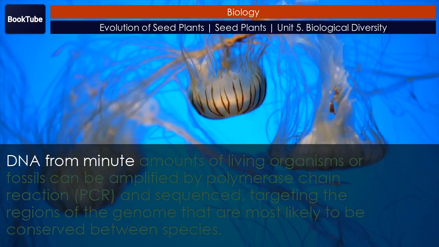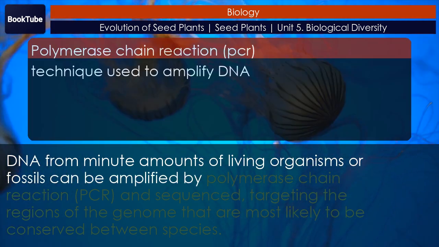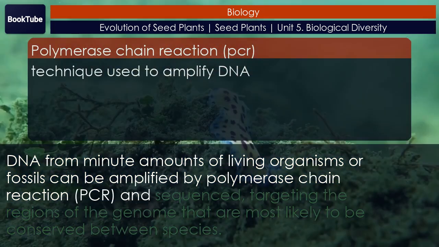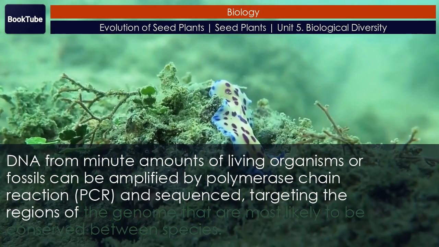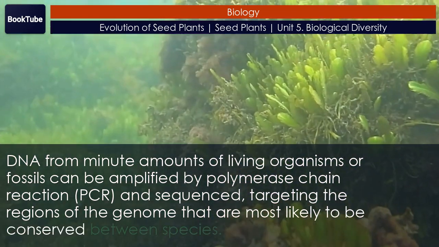DNA from minute amounts of living organisms or fossils can be amplified by polymerase chain reaction, PCR, and sequenced, targeting the regions of the genome that are most likely to be conserved between species.